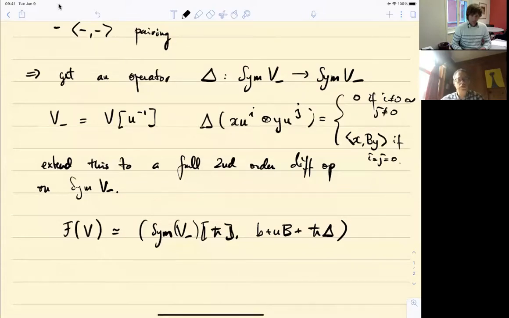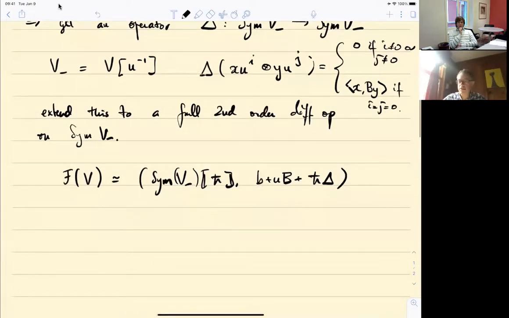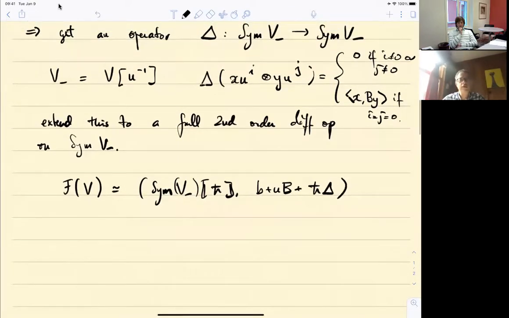So I told you that when you do the construction of the Fock space, you get a natural differential on it. As a vector space, not as a DG vector space, the Fock space is isomorphic to Sym V minus double bracket h bar. And then when you pull back the differential, you see that it's not the same as the natural differential you'd have on the right-hand side. You have an extra term, and that was the origin of this operator delta. And this is an easy exercise if you try to write down exactly where this delta comes from, and very useful to check your understanding.